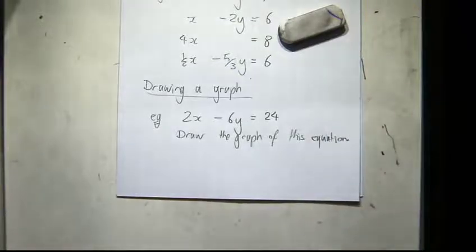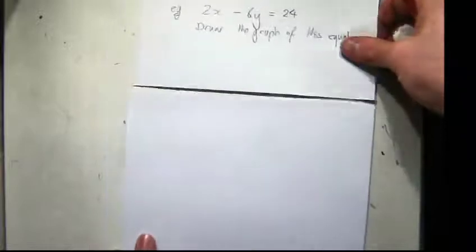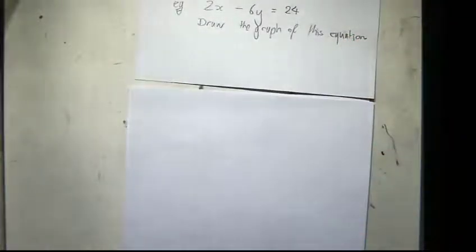So technically that equation isn't a line all by itself, it's just an equation. But you'll find that people say the line 2x minus 6y equals 24 because for hundreds of years that has been connected with lines, so we get used to calling it a line even though it's technically just an equation. It creates a line. So how are we going to draw the graph of that equation?